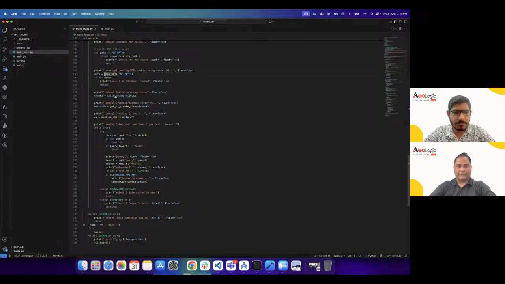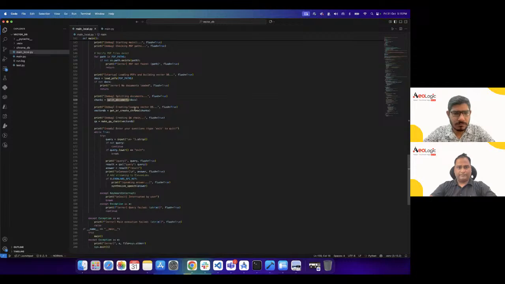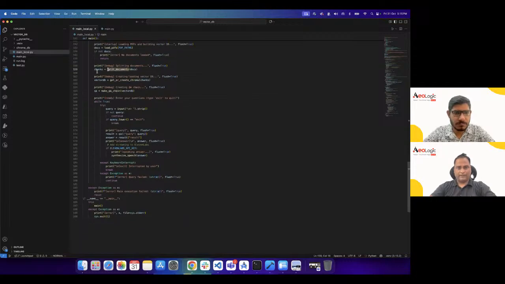This is the function which converts PDF data into chunks and returns the docs, the chunks of docs. We also define the size of those chunks. This is the chunks part, line number 162. It's an important part.